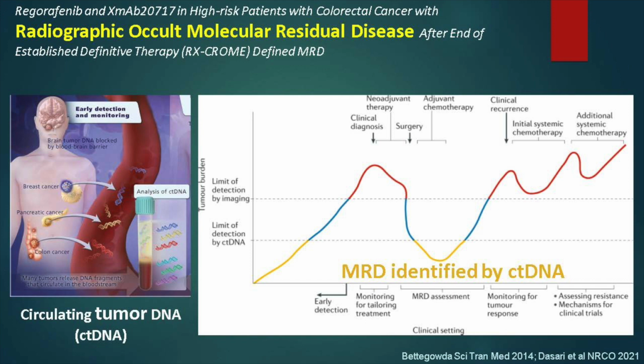And now we have developed technologies to identify that tumor DNA so that we can identify not only which tumor it is, we can also identify how much is the burden of that disease. So this circulating tumor DNA test is highly sensitive, and it is more sensitive than a CT scan in picking up even small amounts of what we call micrometastatic disease.